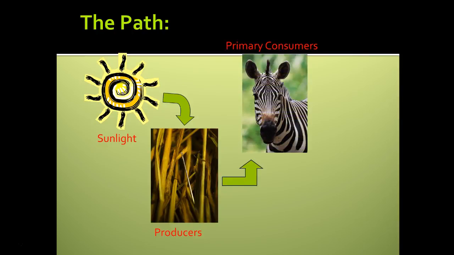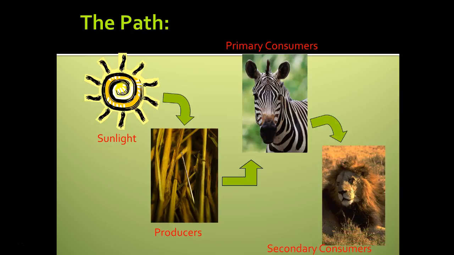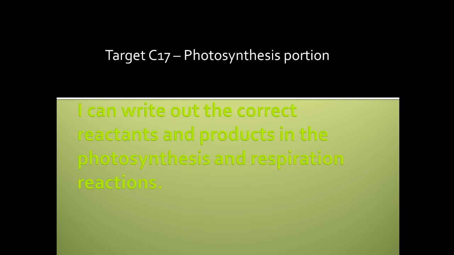And then that energy is transferred to primary consumers, which of course eat the producers, and then to secondary consumers, which eat the primary consumers. In this diagram it ends there, but you probably realize there could be a tertiary consumer or even a 4th level consumer. But in this diagram, we're only going to secondary consumer.